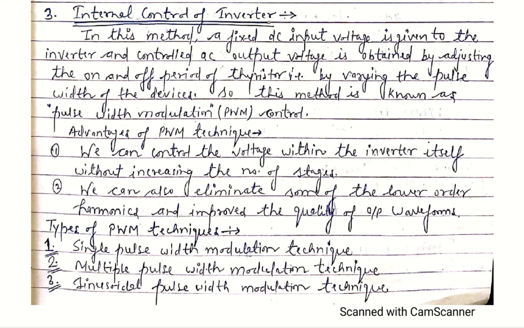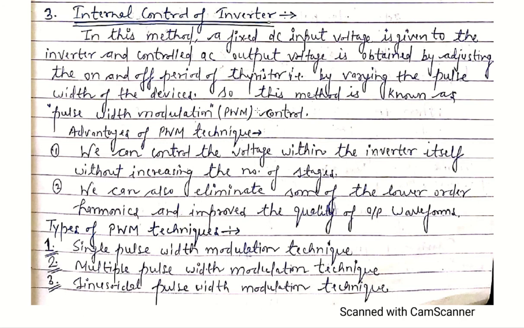That is by varying the pulse width of the devices. On means this is the pulse width, and off is some duration at which these devices will be in the off condition. So by varying the on and off conduction, or the pulse width of these devices, we control the AC output voltage. This method is known as pulse width modulation control.